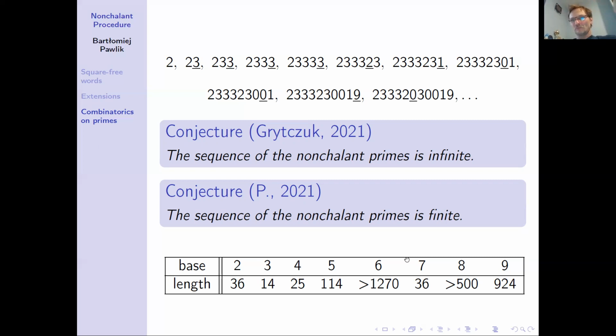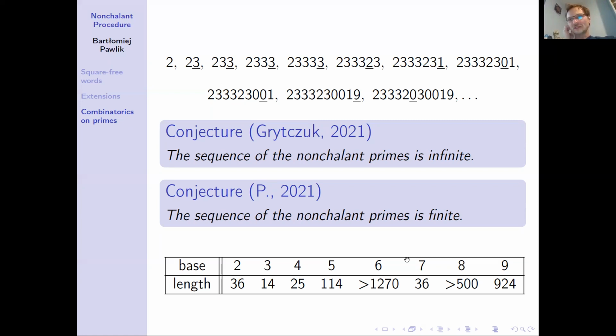So it may happen that you have finitely many alphabets for which you have a finite process, and infinitely many alphabets for which you have an infinite process. So this is a third possible conjecture you can put between the two conjectures you posted here.